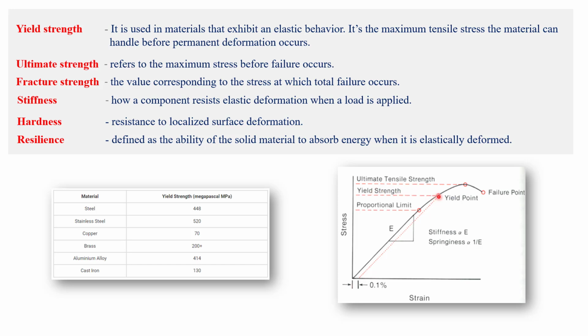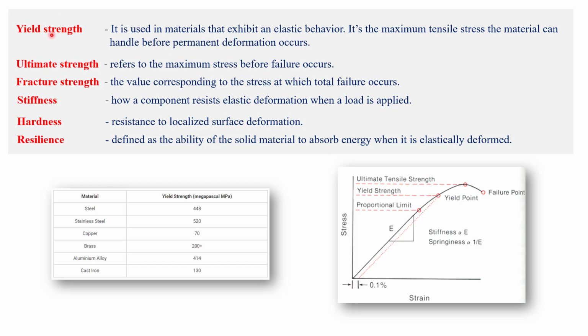So this is the yield point. Whatever the region you could see from 0 to this region, the component will withstand this load and it will also come back to its original shape if you remove that particular loading condition. Okay, so this is called as yield strength.